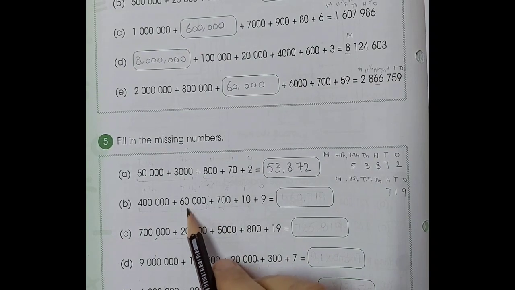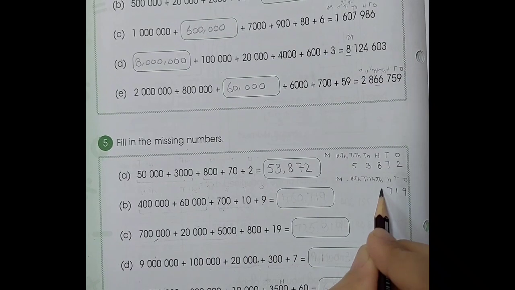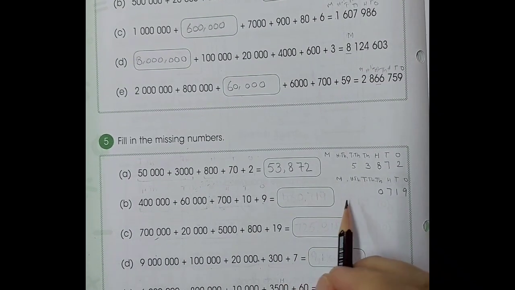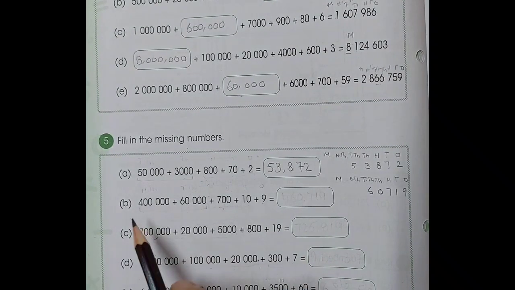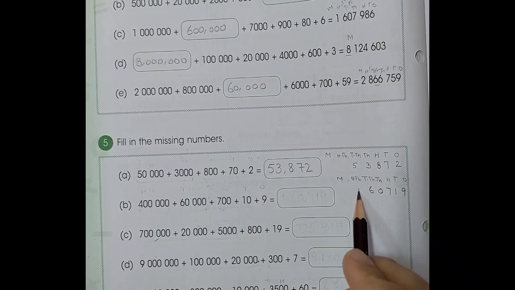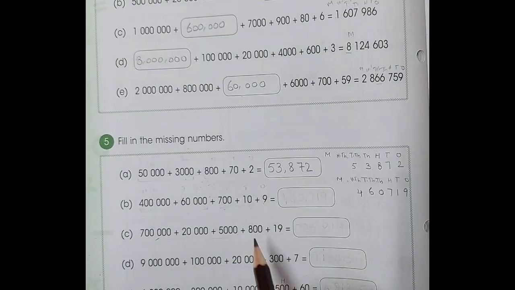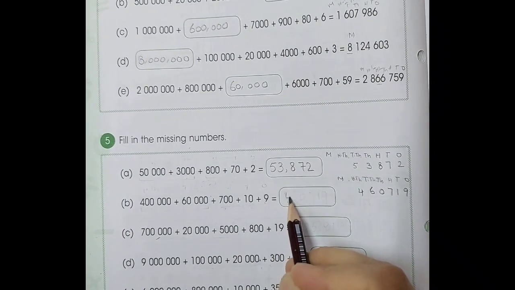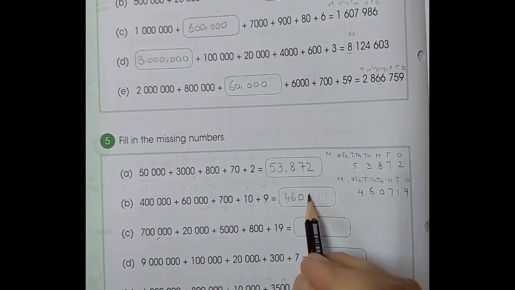Then 60,000. So 1,000 we don't have anything. 60,000 means 10,000 place, so we will write 6 here. Okay, and then 400,000. 100,000 place will carry 4. And million place we have no number. So the number will become what? 460,000.